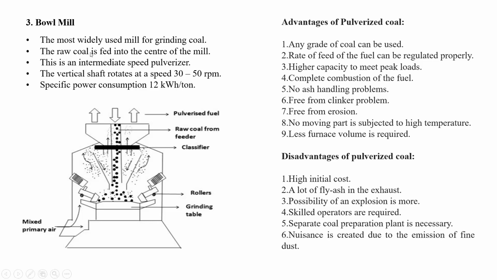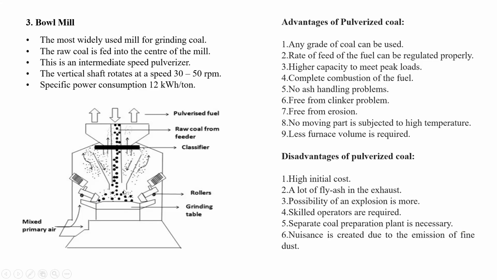The most widely used mill for grinding coal: the raw coal is fed into the center of the mill from the feeder. Here there are three rollers; in the cut-section figure you see only two. These rollers are set with a spring mechanism so that there is a minimum gap between the roller and the stationary race, or grinding table.